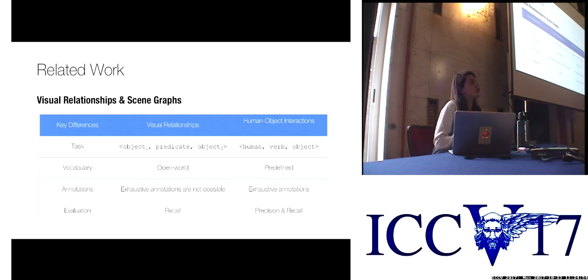And this makes it very challenging, because first, the annotations that you can collect cannot be exhaustive. And the lack of exhaustive annotations does not allow one to measure precision. So for visual relationships, people can only evaluate for recall. While for a closed-world human-object interaction task, both precision and recall should be evaluated.